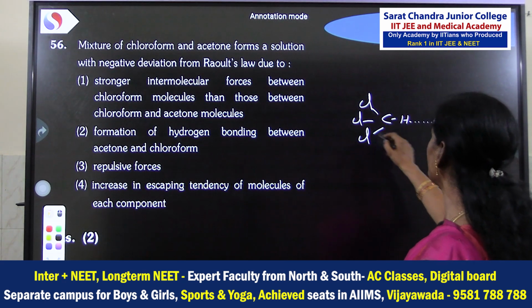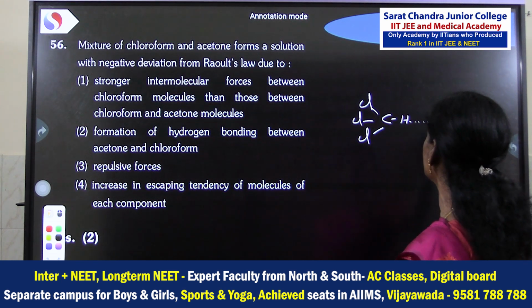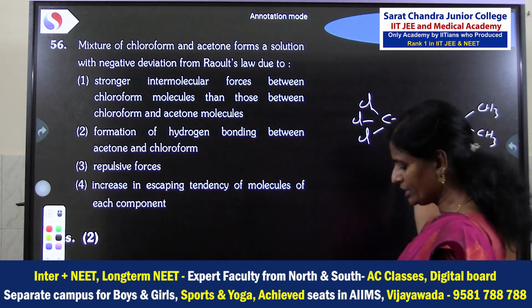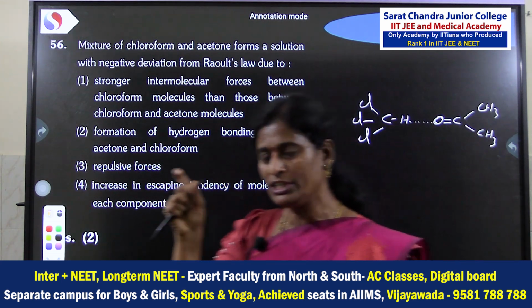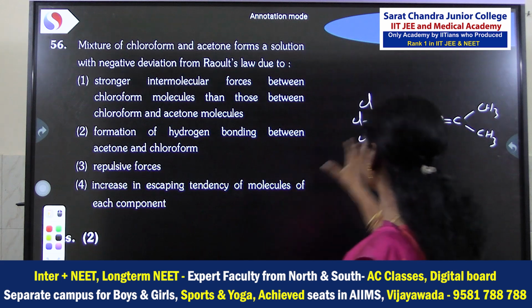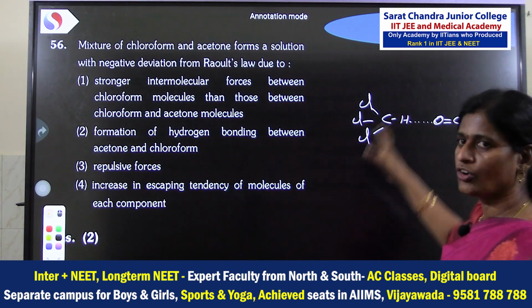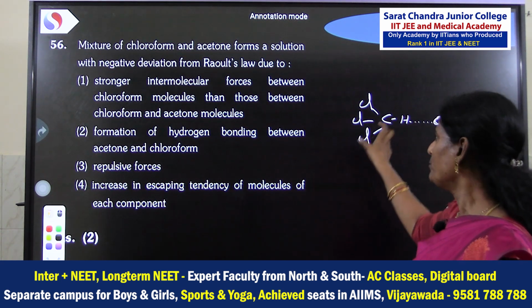So, the hydrogen of chloroform and the oxygen of acetone form a hydrogen bond. Due to this hydrogen bond formation between these two liquids, the intermolecular force of attraction between these two liquids is stronger when compared to the pure components.